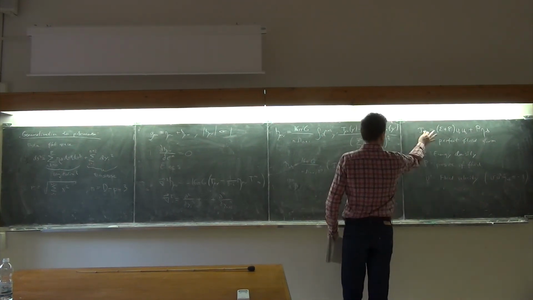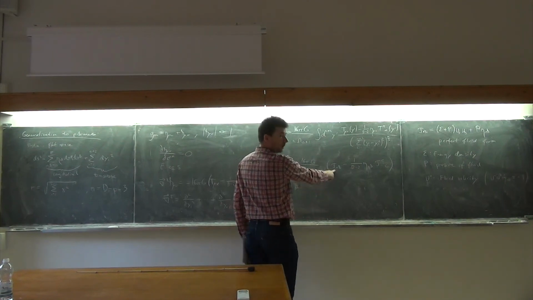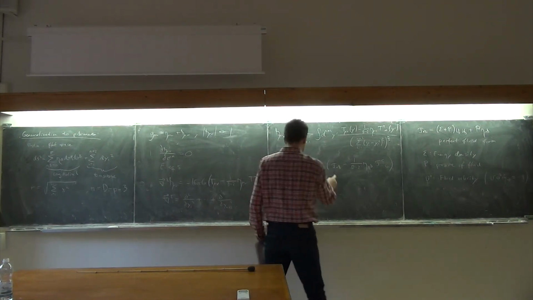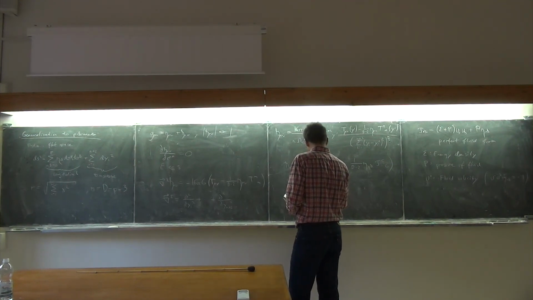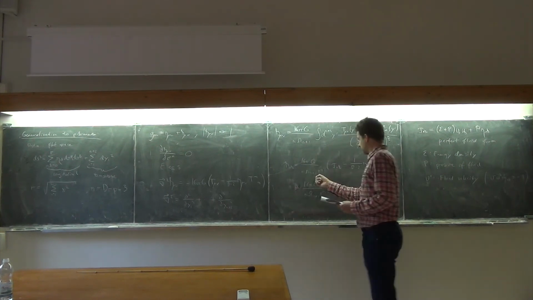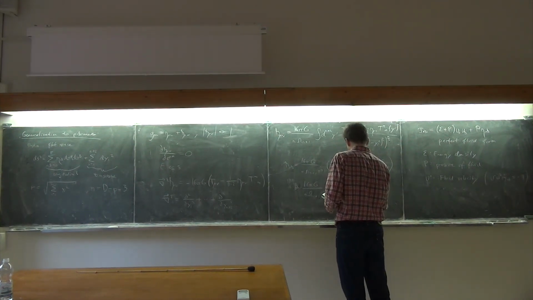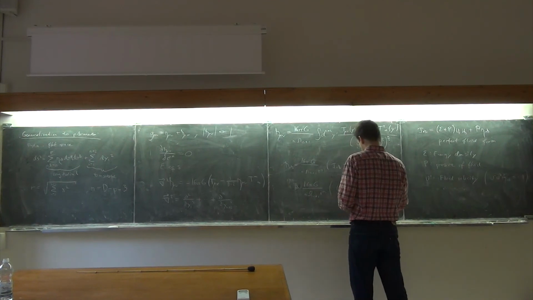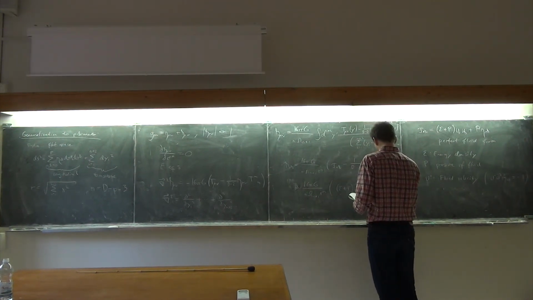So if we insert this perfect fluid form for the stress tensor here, we can write that H_AB is equal to the same thing here, and then this thing.